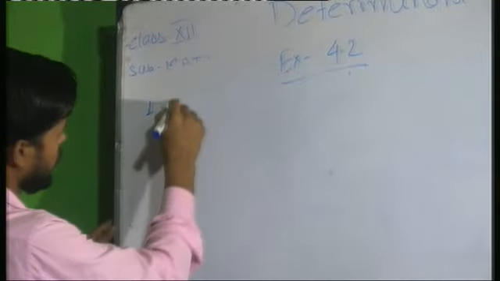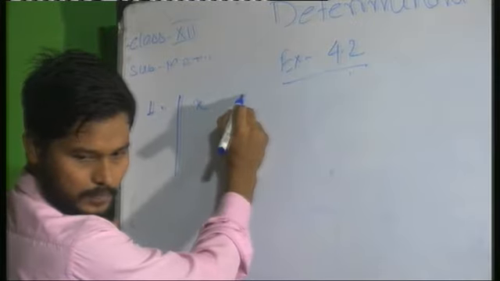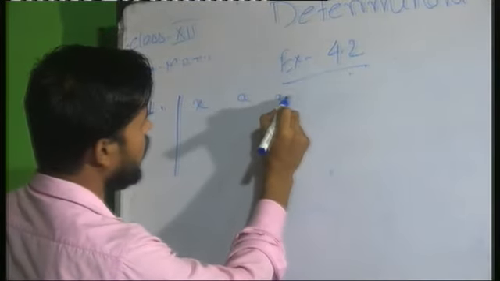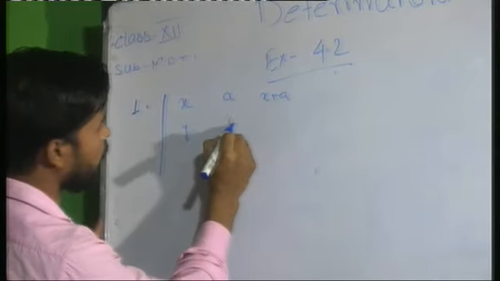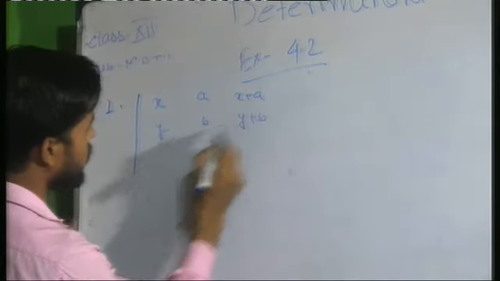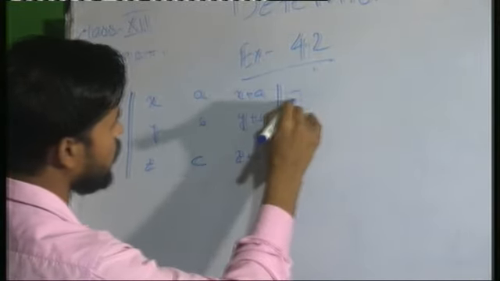So the first question is the determinant of x, a, x plus a; y, b, y plus b; z, c, z plus c is equal to 0.